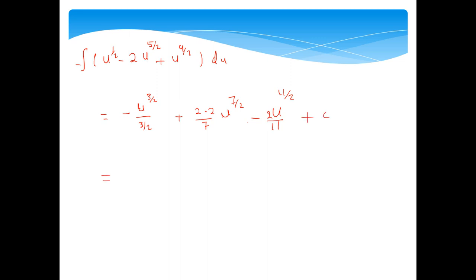And then we can do the substitution. So here I'm going to have 2/3 cosine 3/2 x plus 2/7 cosine of 7/2 x minus 2/11 cosine of 11/2 x plus c.